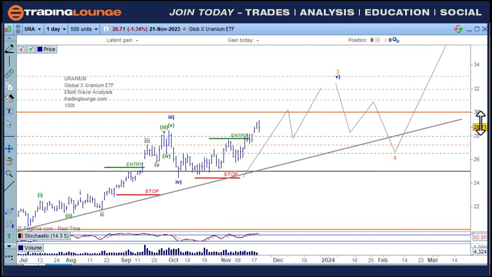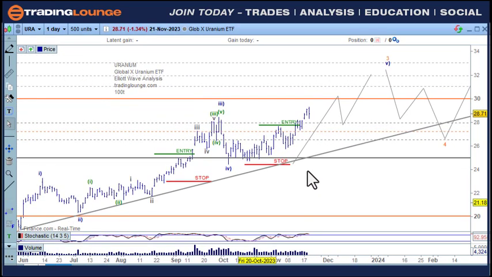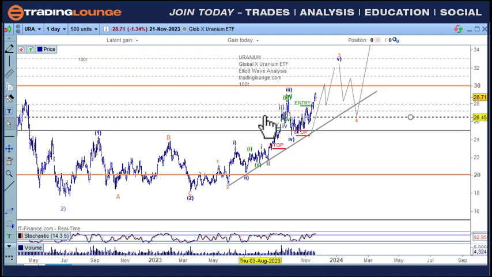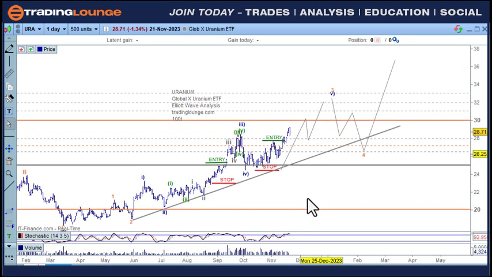Over to uranium here. As I mentioned before, the trend is good, and it's still sort of winding to the upside. It's going to struggle all through here because we're in a series of 1s and 2s, and now we're in 4s and 5s all the way through here till we get to this top in here.